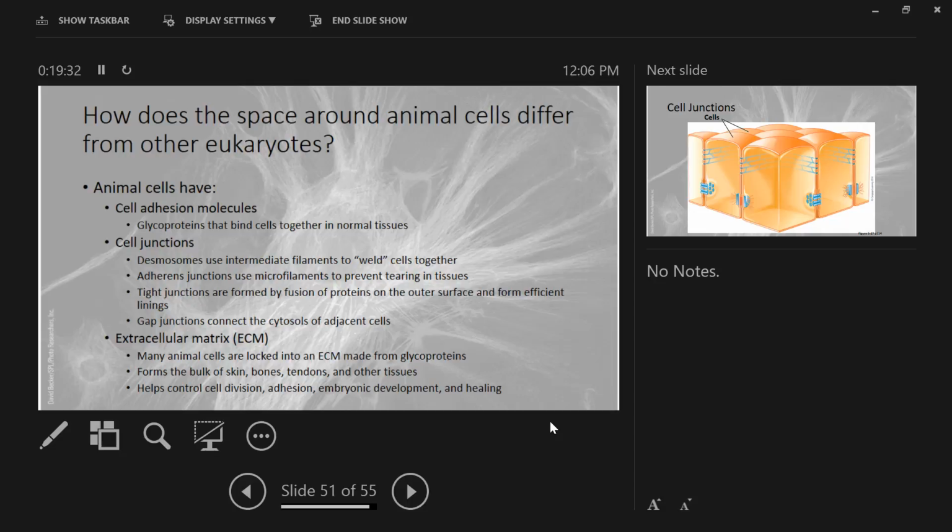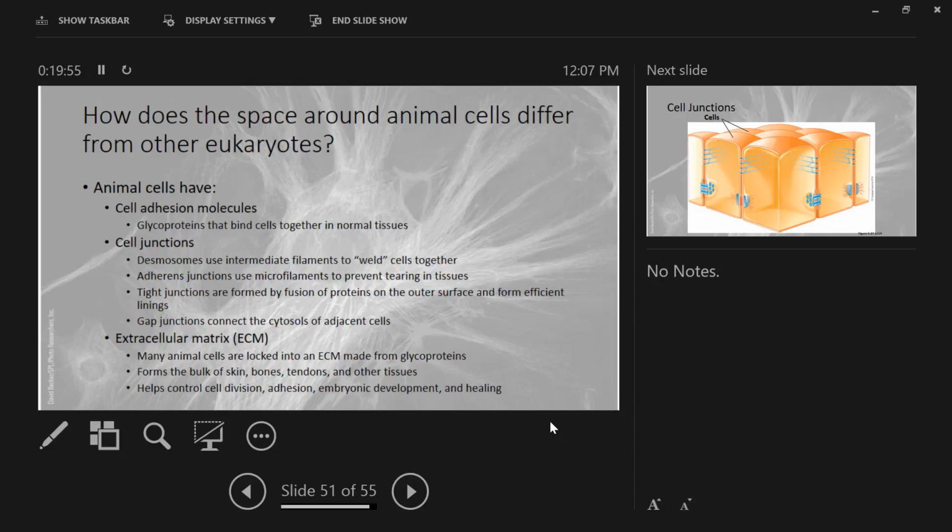I mean, if they start dividing, it's just going to cramp the space that they're given within that matrix. And so a lot of this is a way to keep cells from dividing when they ought not to be, and a lot of it is also for controlling developmental processes. When you need a lot of cell division happening, when you need to shut it down, when you need to turn it back on, a lot of that is executed by the extracellular matrix.